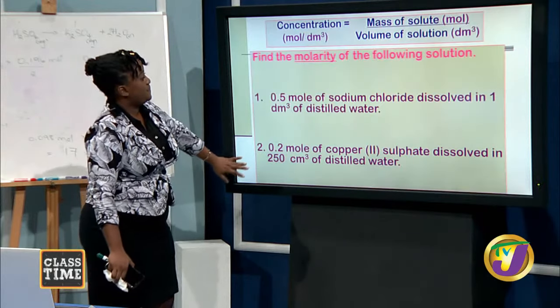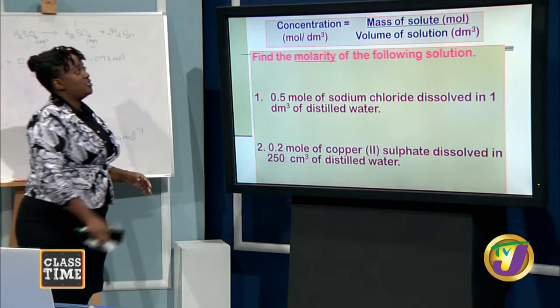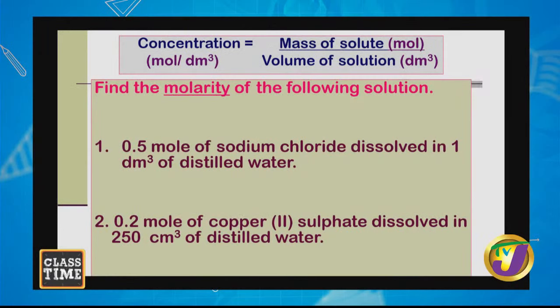All right. So let's try a calculation. Let's try one. 0.5 mole of sodium chloride dissolved in 1 dm cube of distilled water. I want you to find the molarity for that solution, for number one. So, what is the first thing you think we should do to convert this to molarity?